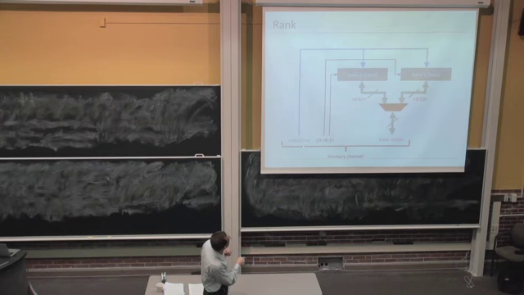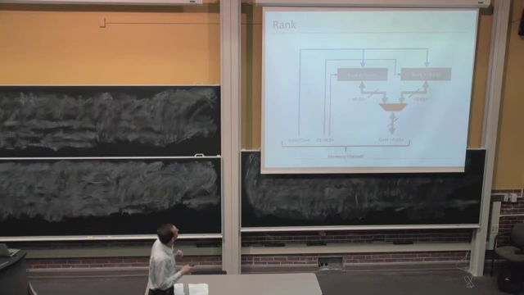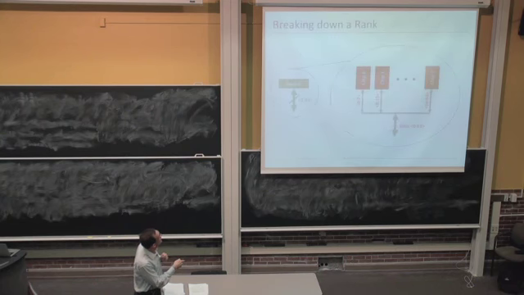You send the address, data, and command to the different ranks and start accesses in parallel. But only one access can complete because they share the data bus, right? Data channel. Okay? So once we break down the rank, it consists of multiple chips which supply different portions of the data.